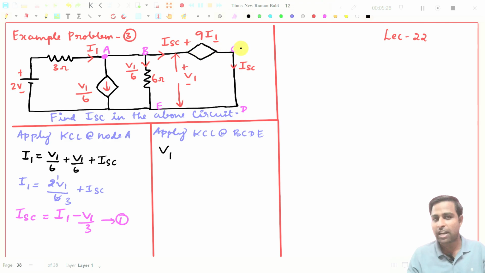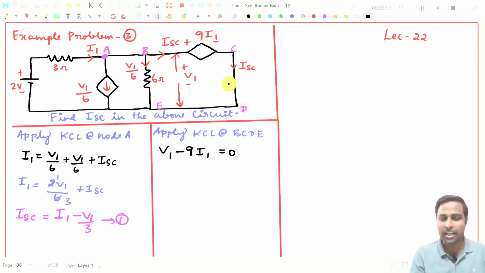I travel from plus to minus across the voltage source, so I put minus 9 into I1. We have reached this point and taken the loop. There are no other voltage sources or resistors present. That should be equal to 0.